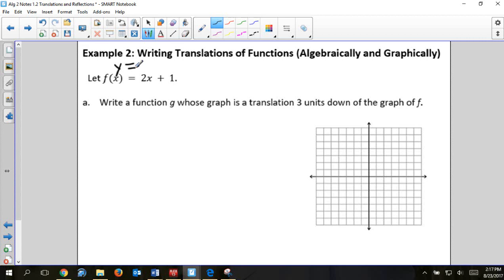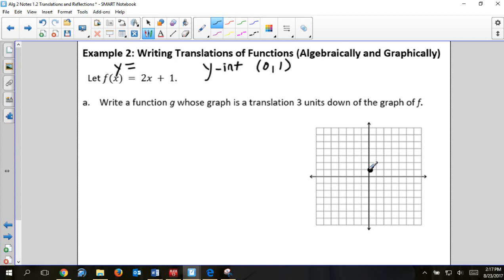Natalie? First, you go up on the one on the y-axis. Okay, so we're going to find our y-intercept, which is at 0, 1. Excellent. And Aiden, you know what to do next?